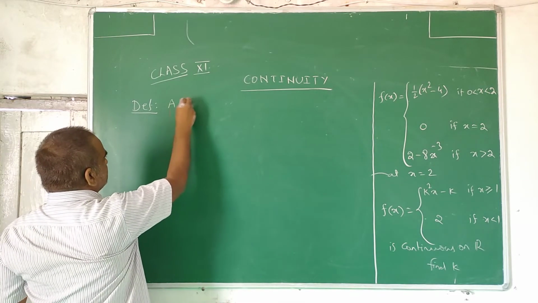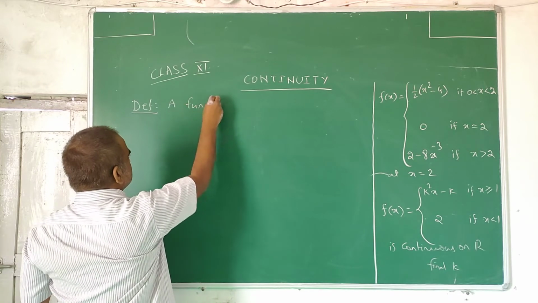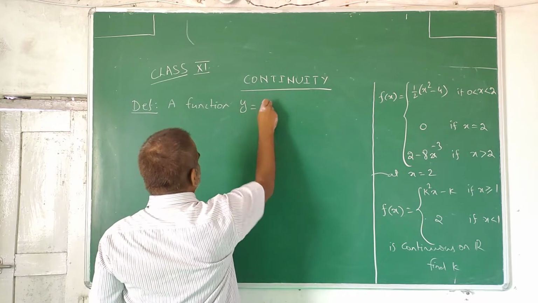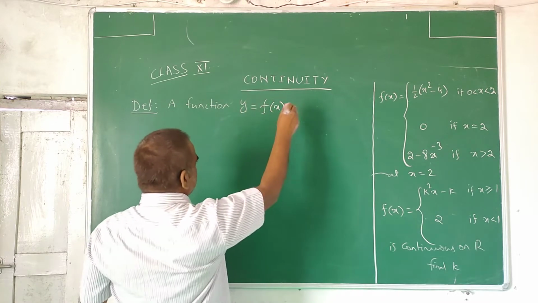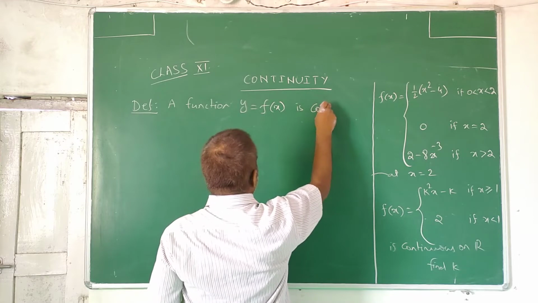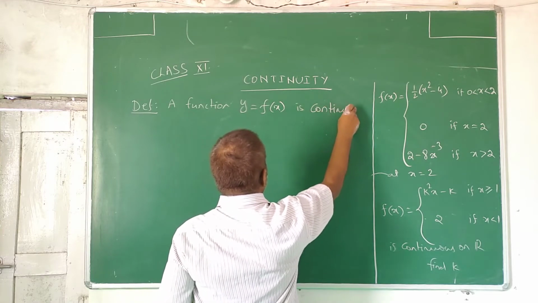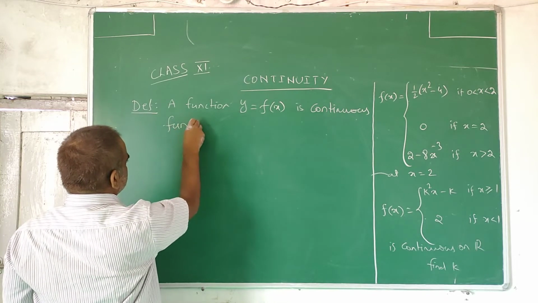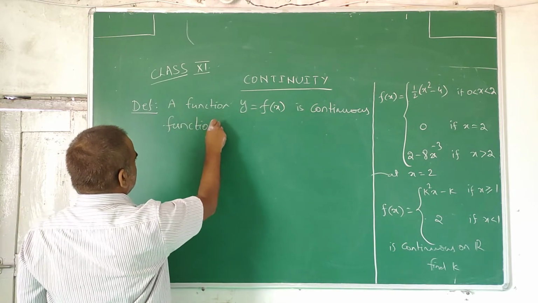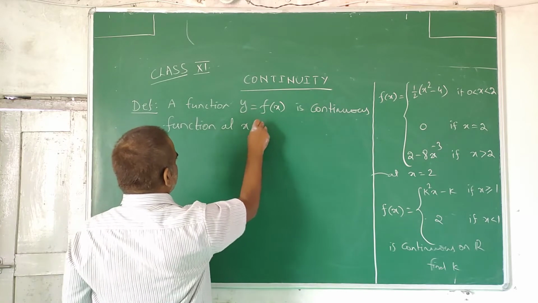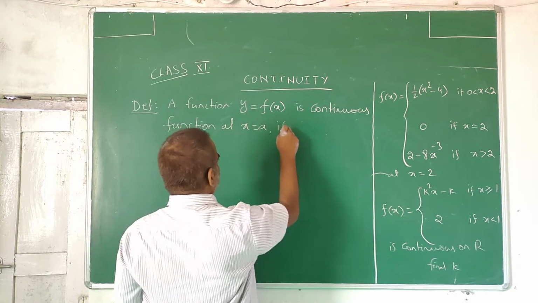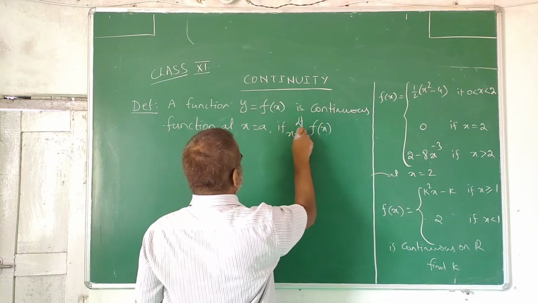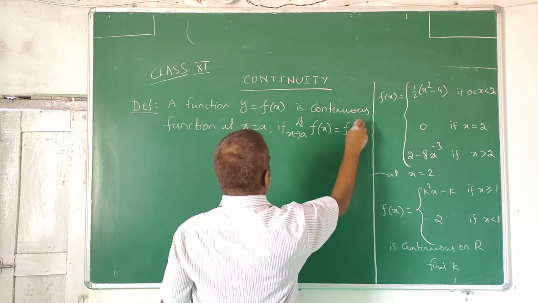A function y is equal to f of x is continuous at x is equal to a if the limit of f of x as x tends to a is equal to f of a.